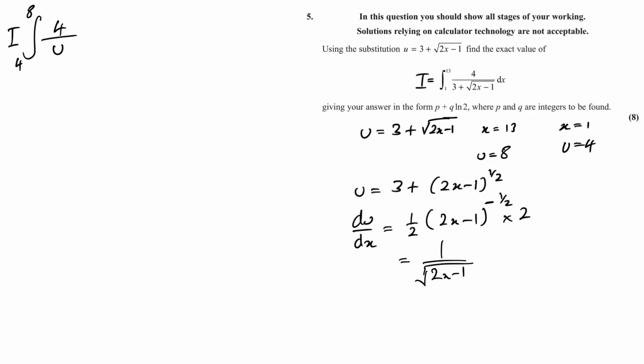Now, if I look back at the original expression for u and rearrange, you can see that root 2x minus 1 is going to be equal to u minus 3. So we swap that in, and sorry, this is still du by dx. So du is going to be equal to 1 over u minus 3 dx.